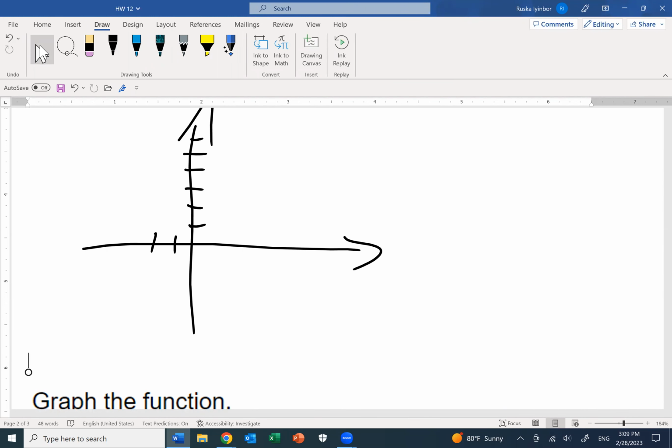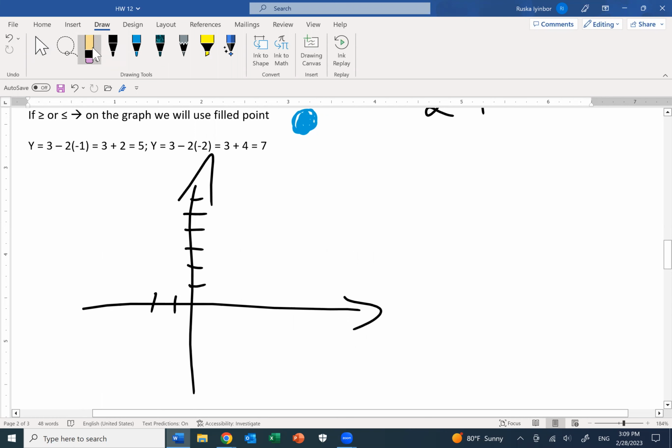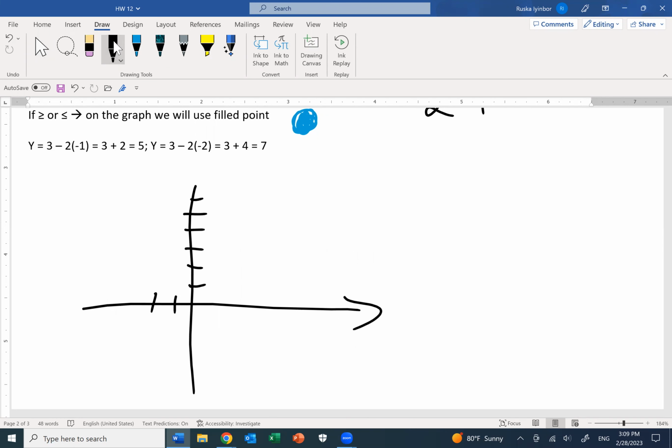Hold on, let me make it a little bigger. I need 7, 6, 7, 8. So I have negative 1, 5, and that's going to be the point over here somewhere.